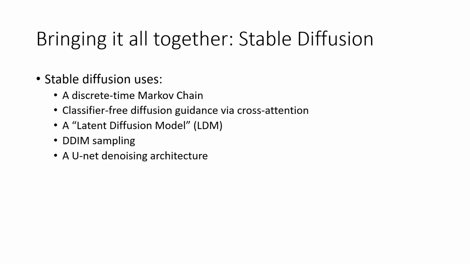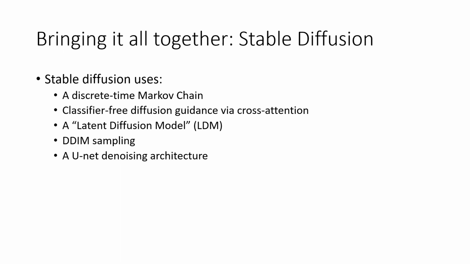Okay, so we're going to bring all of these ideas together into trying to understand the stable diffusion architecture. This is a very computationally efficient architecture that came out recently and which you will be taking a look at in your lab due next Saturday. So here are some elements of stable diffusion. We have a discrete time Markov chain.